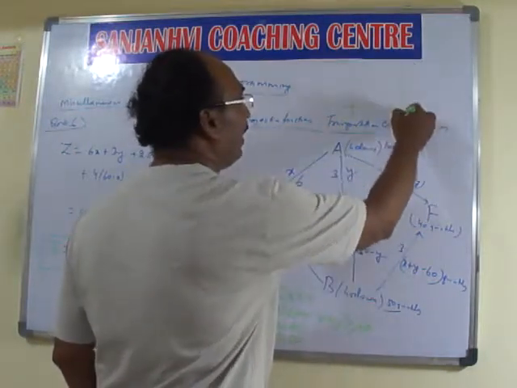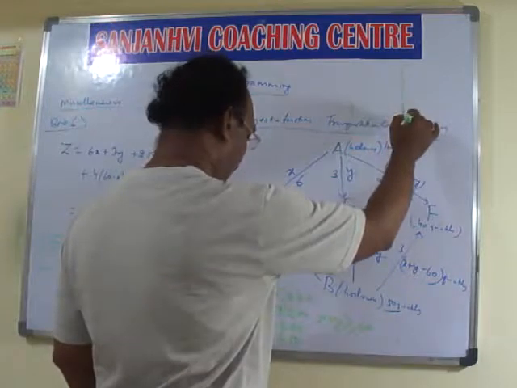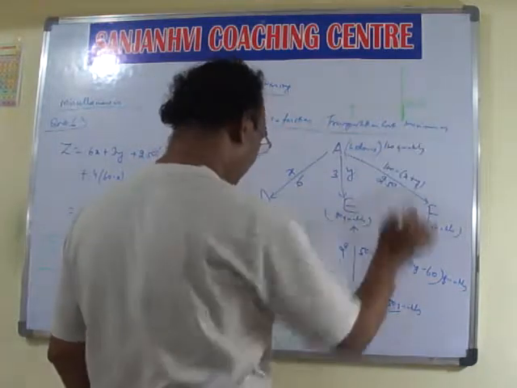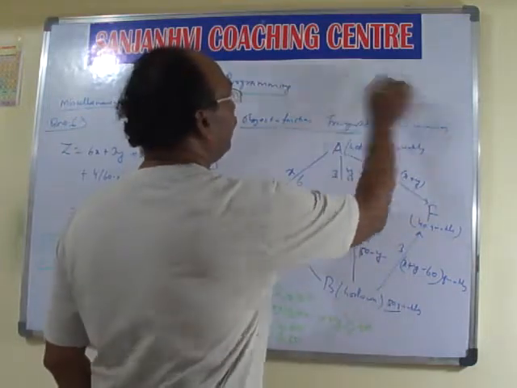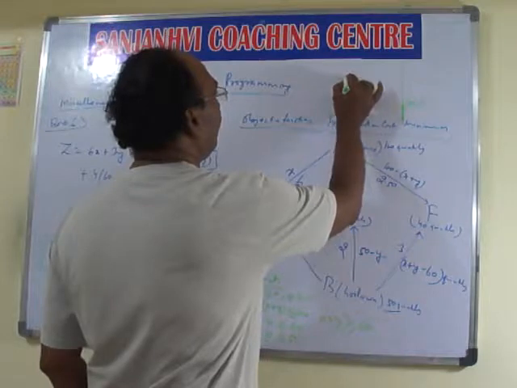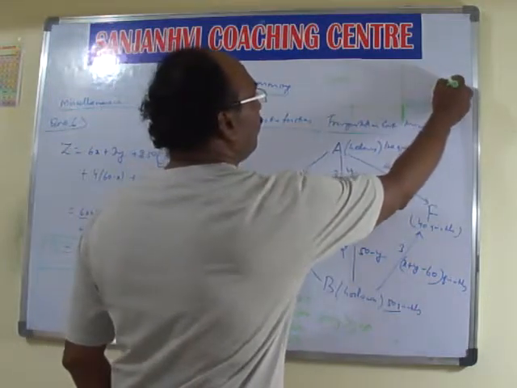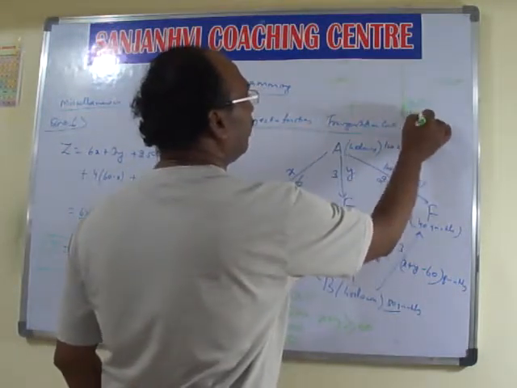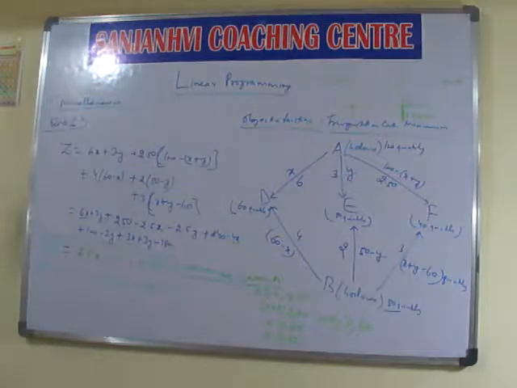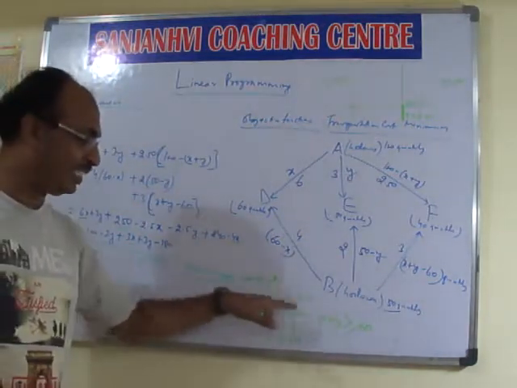Y equal to 50, so 0 and 50. Two equations you already got, y equal to 50 and x equal to 60.